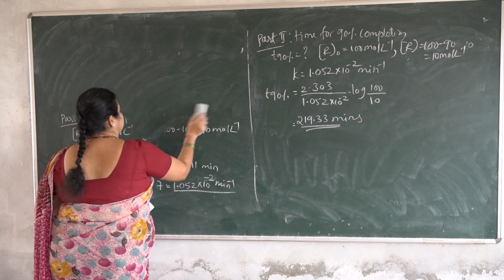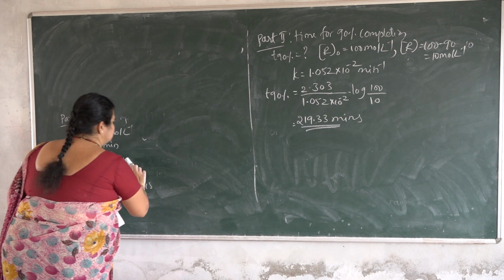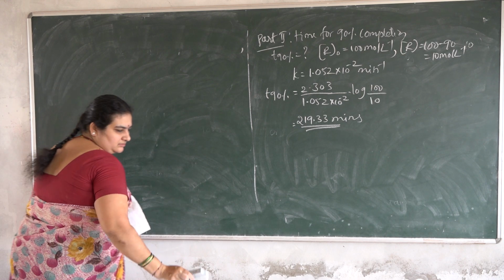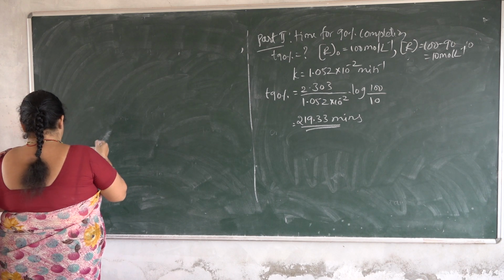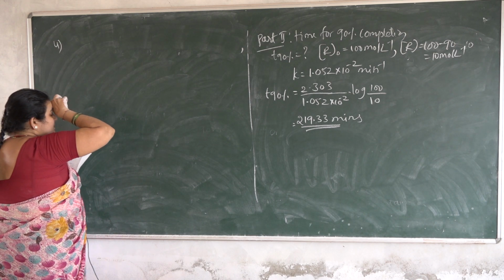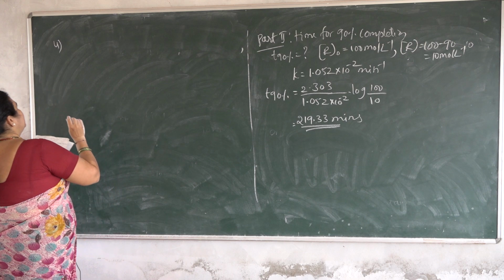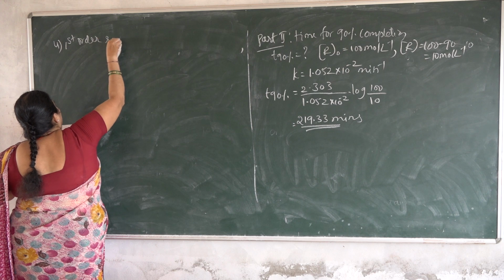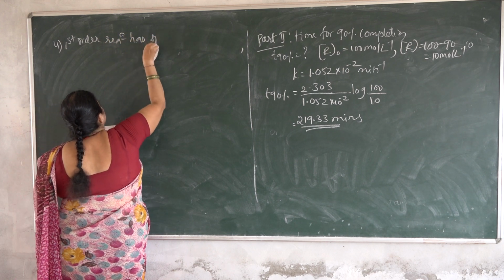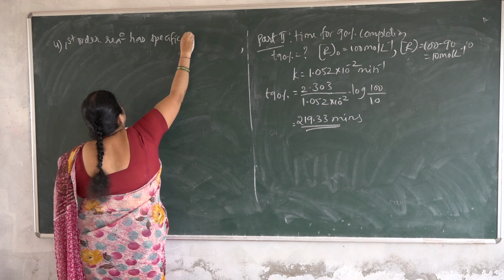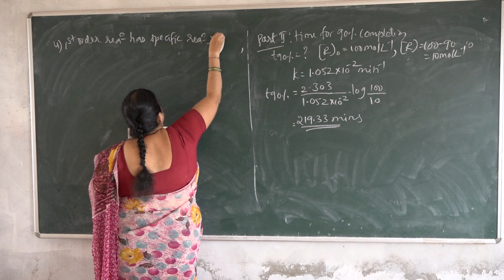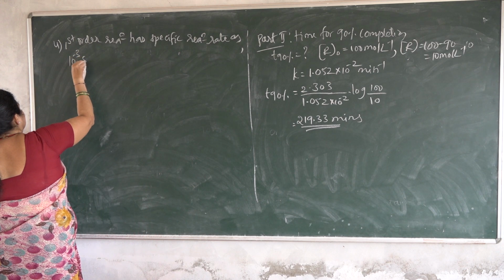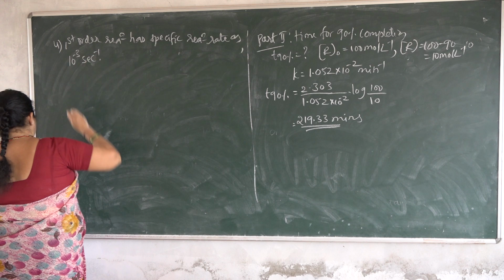Fourth question. First order reaction. Here, to cause confusion, they have used a different wording, but the problem is the same. A first order reaction has specific reaction rate as 10 raised to minus 3 second raised to minus 1.